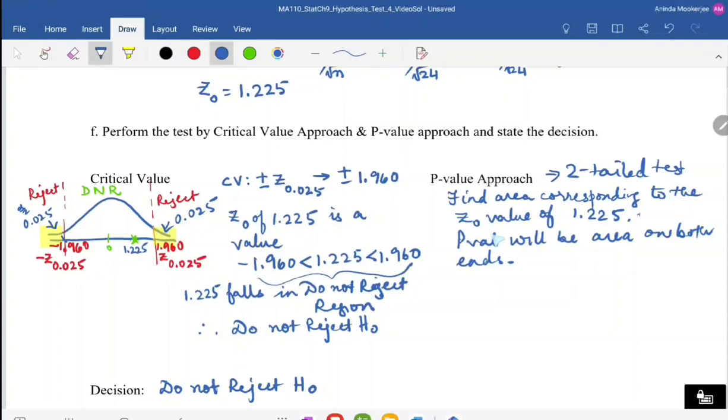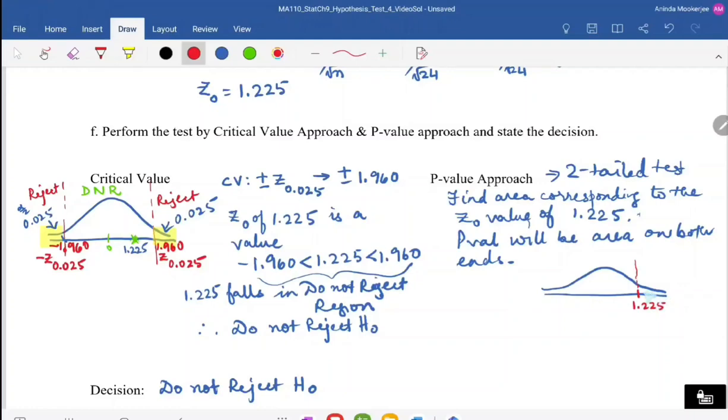All right, so I'm going to draw a figure here. So we have our z sub 0 value, our test statistic value, located somewhere here, 1.225.